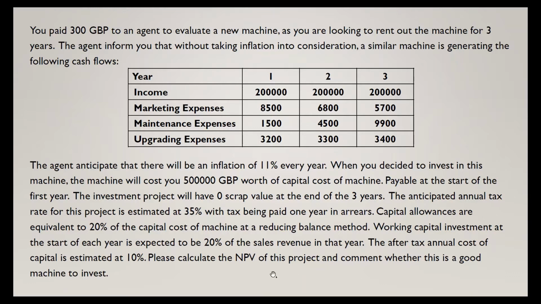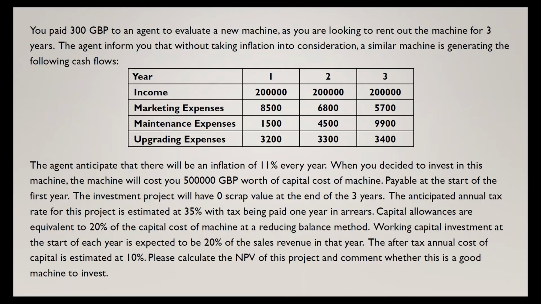Okay, so let's have a look at all of the numbers one by one. First of all, we pay £300 to the agent to evaluate the new machine. Now, this £300 is not going to be included in the calculation of the NPV. The main reason is that regardless of whether you want to invest in this project or not, you already paid £300 to this agent.